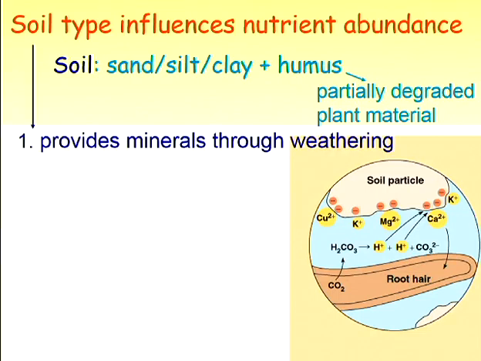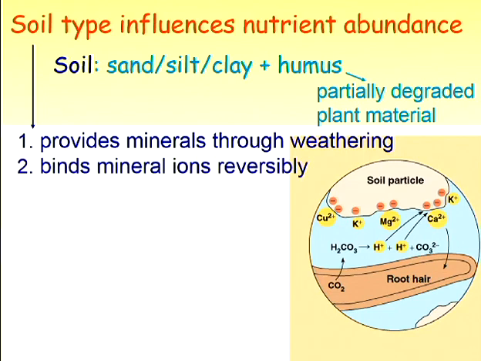So soil provides minerals through weathering. That means the soil particles are falling apart and releasing these minerals as ions. And then once they're in solution, through charged groups, they can hold on again just loosely to these ions.